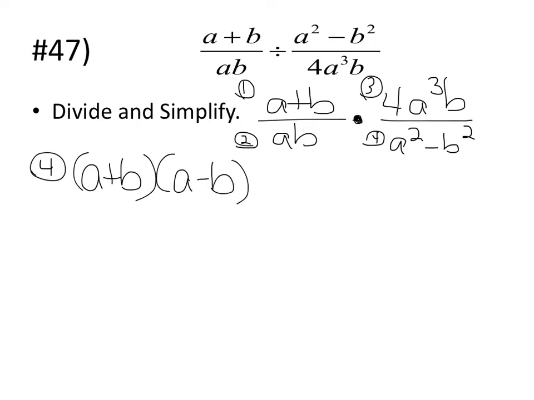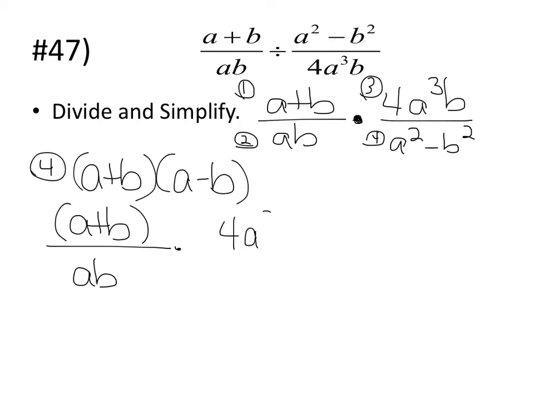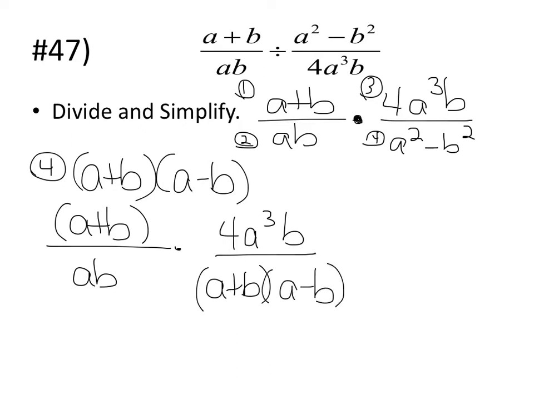Okay, so I'm going to rewrite it. It's 1 over 2 times 3 over 4. Notice, if it's an expression like a plus b, or a plus b and a minus b, I put parentheses around it. That will keep you from canceling things you shouldn't.